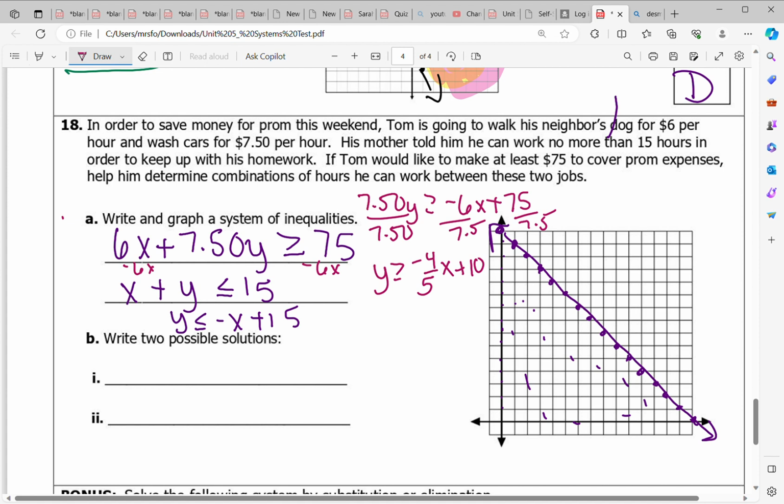So this would be up 10. And then down 1, 2, 3, 4, 1, 2, 3, 4, 5. 1, 2, 3, 4, 1, 2, 3, 4, 5.